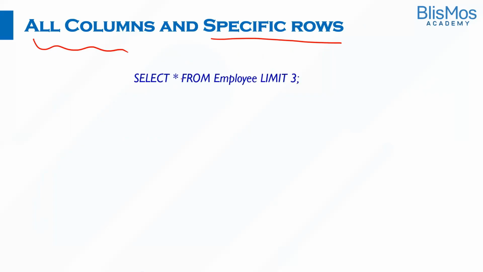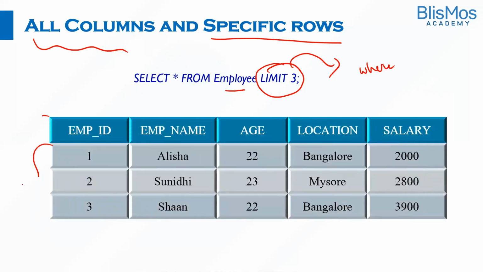Very simple. Here you can say select star from employee and limit the number of rows to 3. You can also use various other conditions by using a where clause, but we are showing one of these cases. When you say select star from employee limit to 3, it fetches only 3 records out of 5 records from a table.